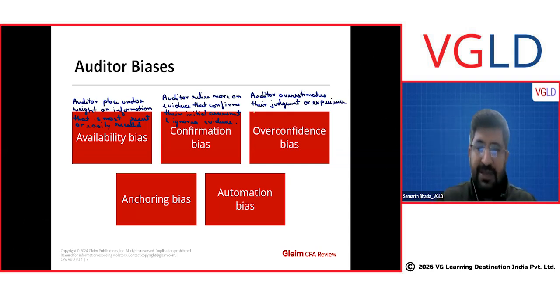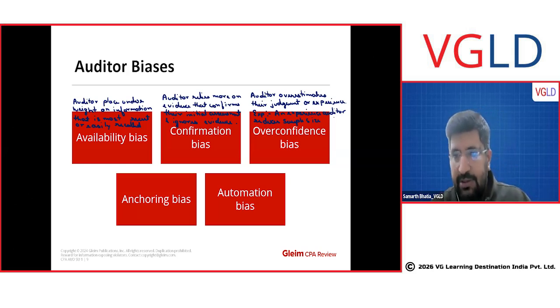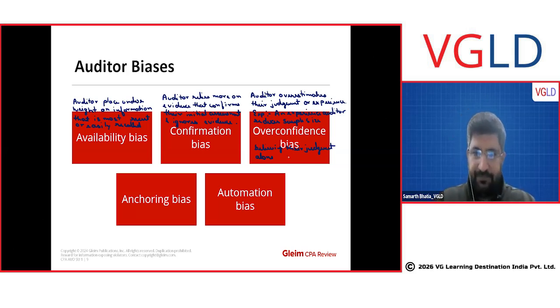For example, I would say I've seen that even practically, an experienced auditor reduces the sample size, believing that their judgment alone is sufficient. So this is the overconfidence bias.